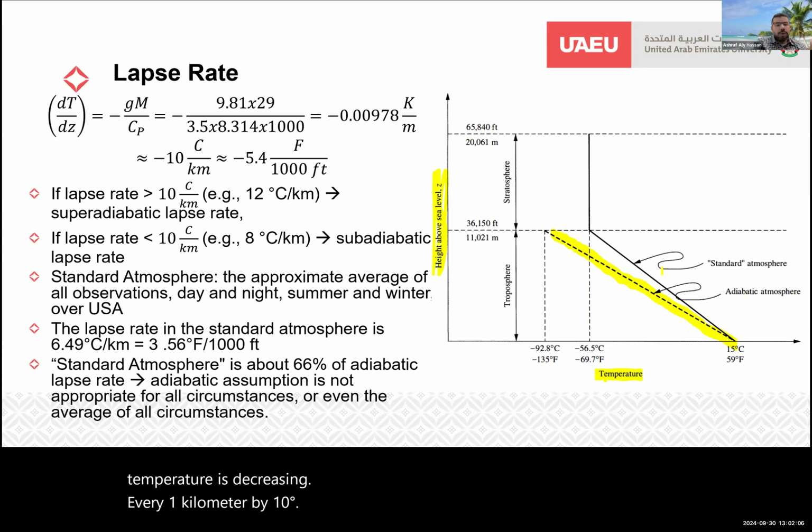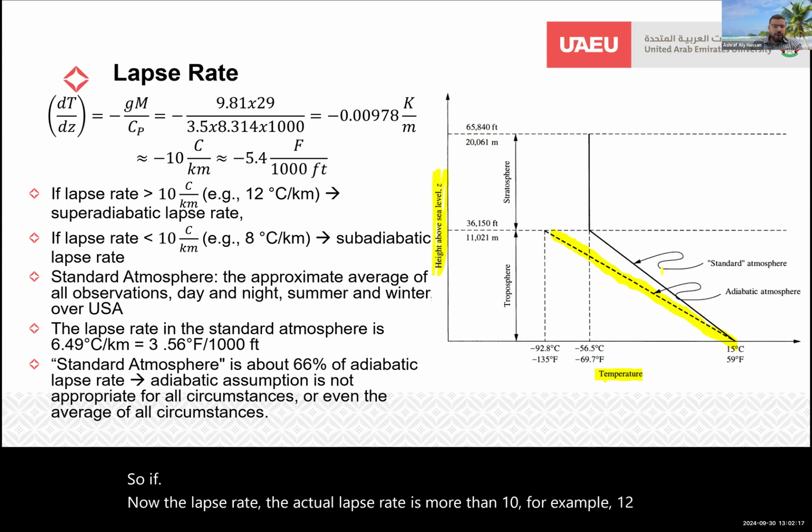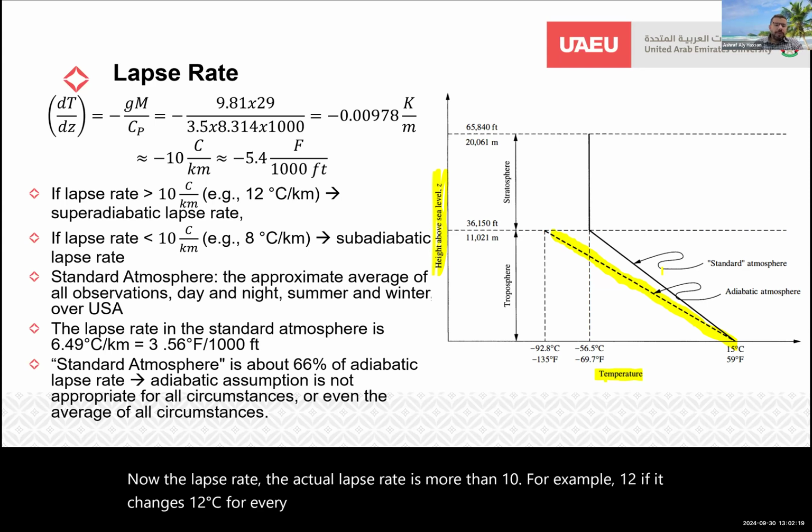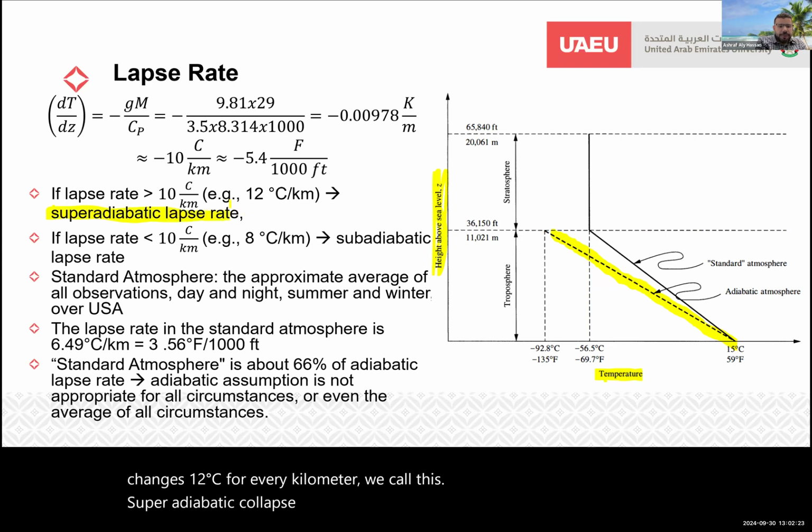So if the actual lapse rate is more than 10, for example 12, if it changes 12 degrees Celsius for every kilometer, we call this super adiabatic lapse rate. If the actual lapse rate is less than 10, we call that sub-adiabatic lapse rate.